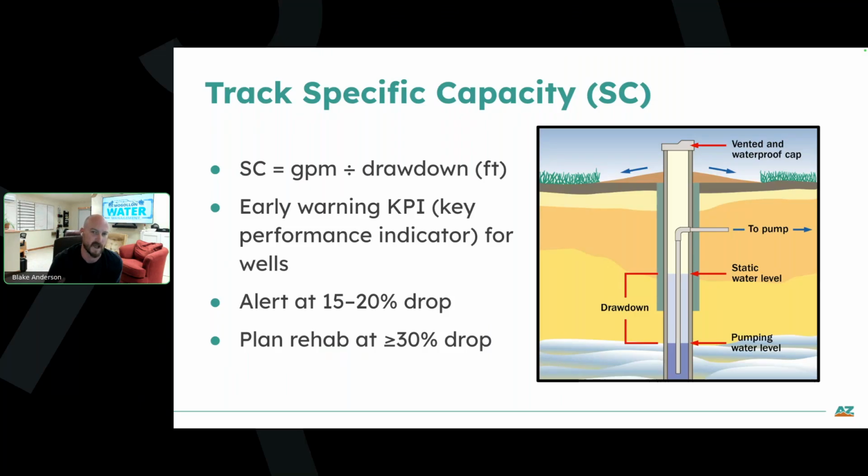Are we seeing the capacity start to change over time, and things start to get out of kilter? We have a way to track that. A simple one-page sheet that documents that, similar to that pumping curve, can create some triggers to do a little bit more investigation.